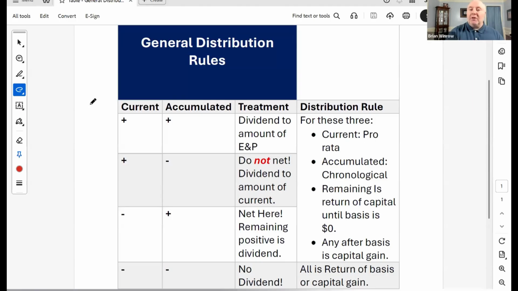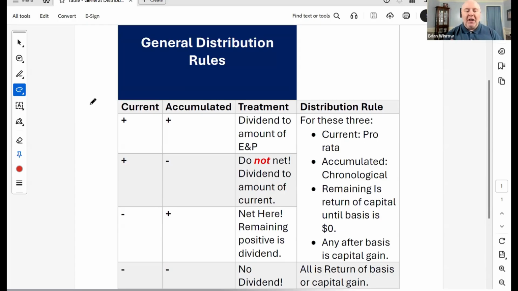But then maybe we start to turn a profit. We've got our name out there, and now we're making a profit. Now we have a positive current. And if we don't distribute that positive current at the end of the year, we close that positive amount into accumulated and it will reduce the deficit we have.